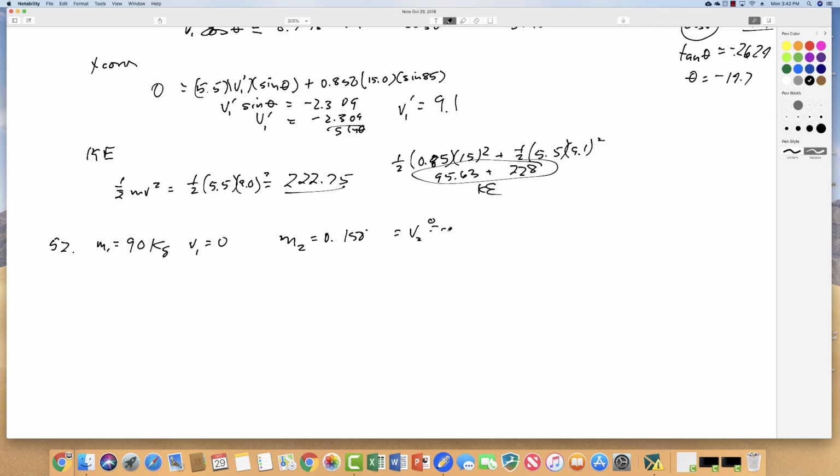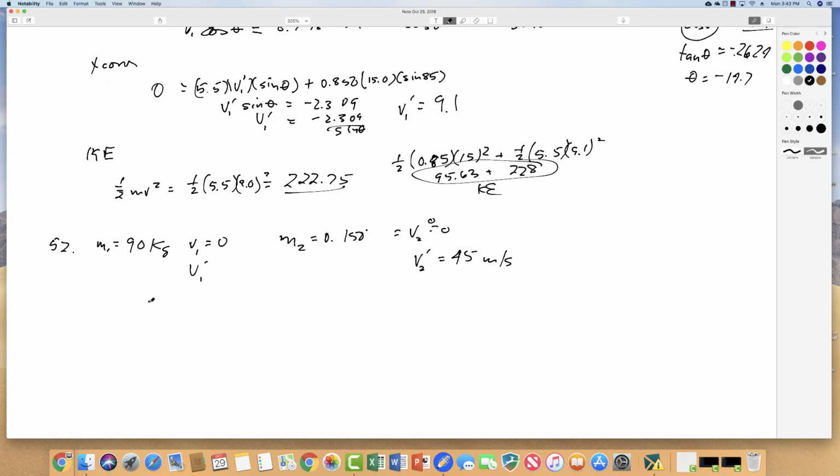So that means that there's no kinetic energy until after the two objects are struck. So V2 prime is 45 meters per second, and they want to know what V1 prime is. You have to calculate what V1 prime is in order to calculate the distance.